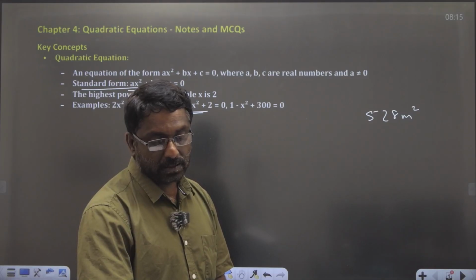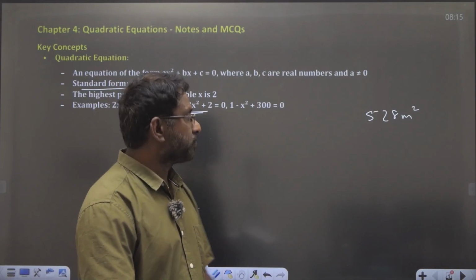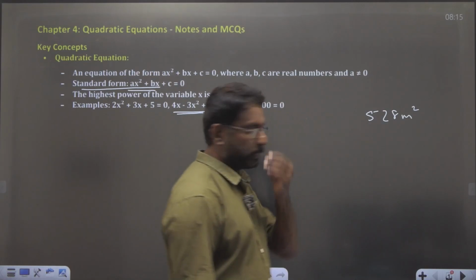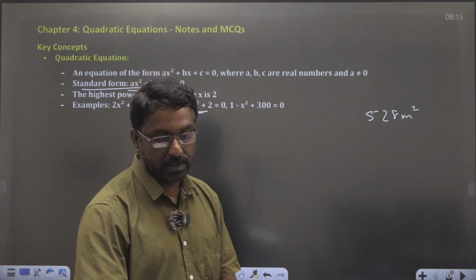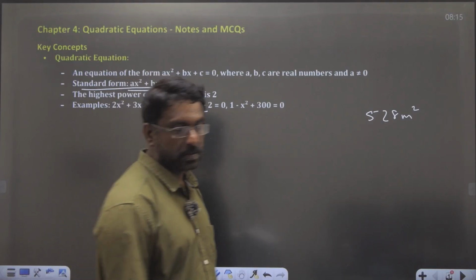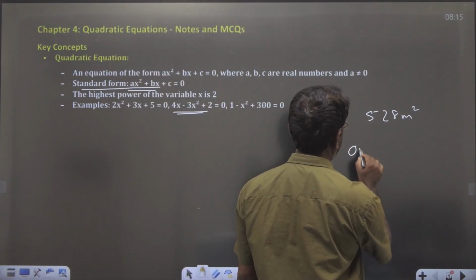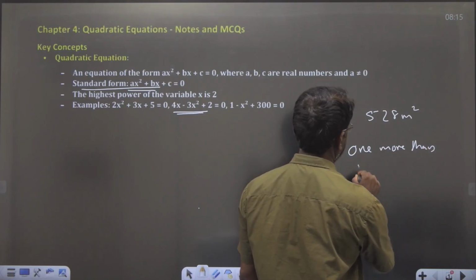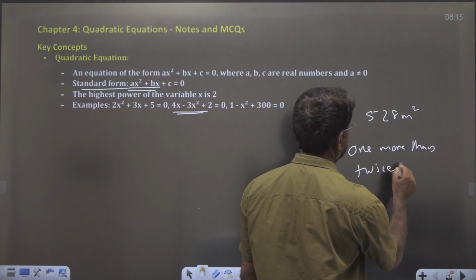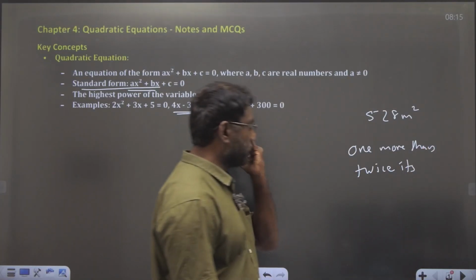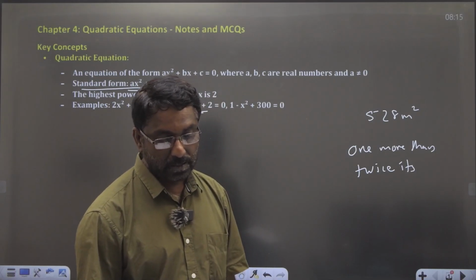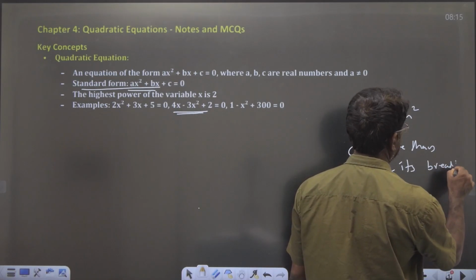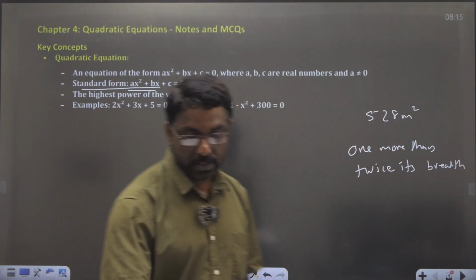The length of the plot in meters is 1 more than twice its breadth.